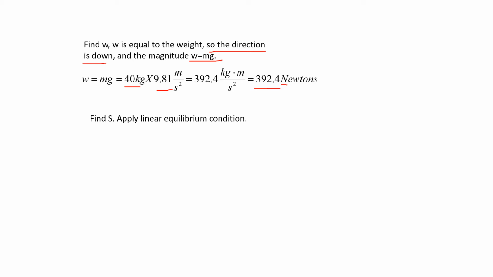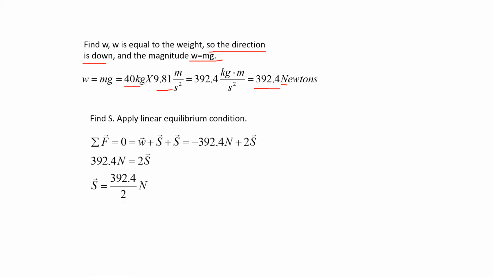So we're going to now find S, and we're going to do that by applying the linear equilibrium condition from the earlier videos. The sum of the forces acting on the object has to be equal to 0. So in this case we have W, the weight, plus the force on the sole of one foot, plus the force on the sole of the other foot, has to sum to 0.